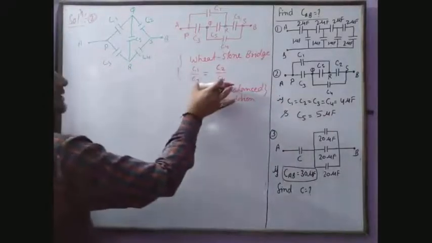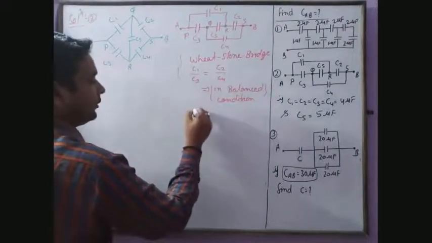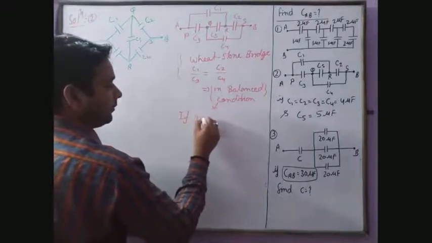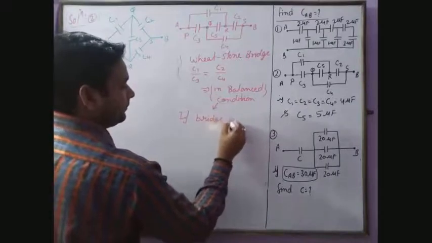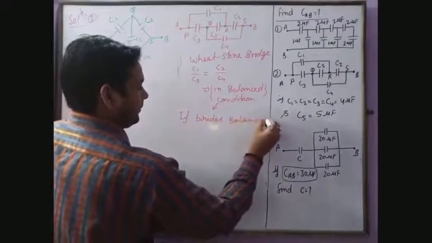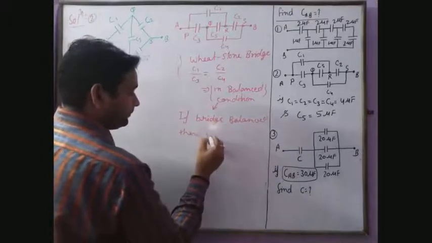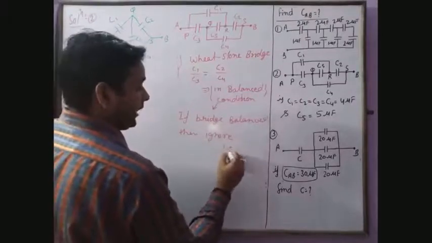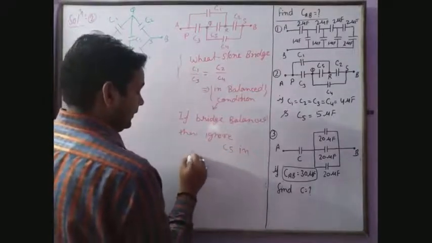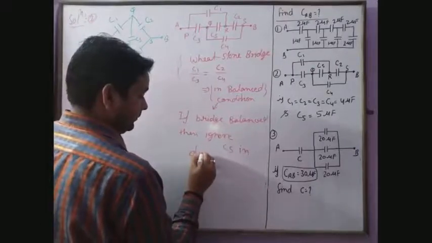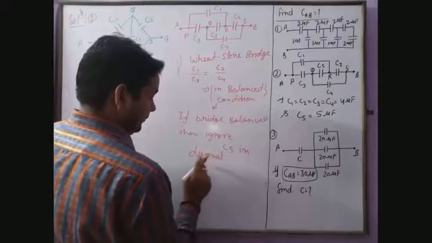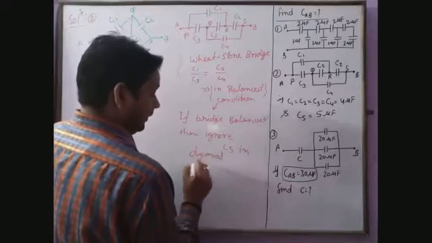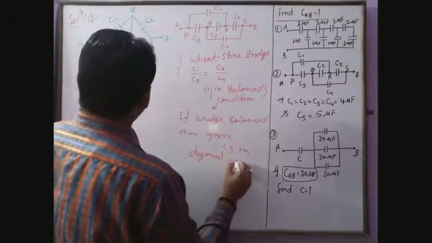So if the bridge is balanced, then we can ignore C5 in the diagonal QR.